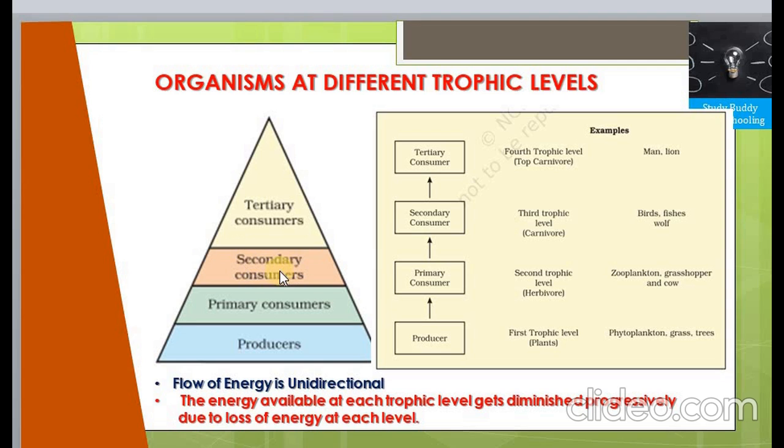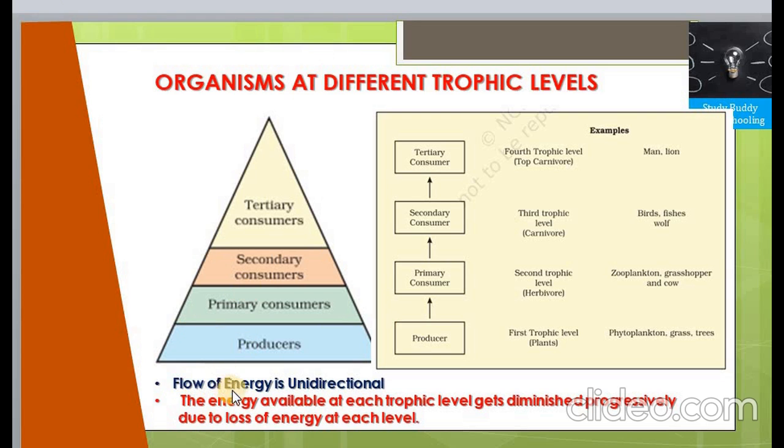They are also known as carnivores. They directly consume the primary consumers like cow, deer, etc. They don't feed on the producers. At the top of the pyramid, we have tertiary consumers or the top carnivore. Example, man and lion.